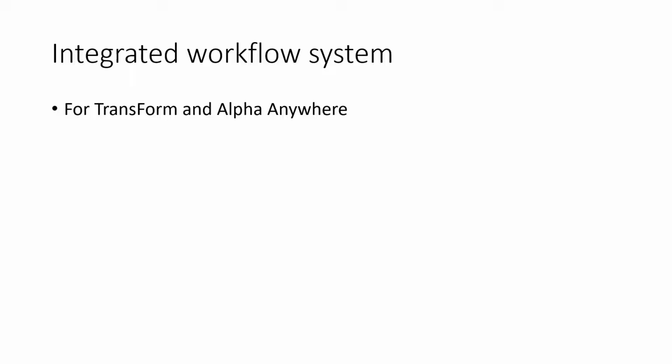Because TransForm is built on Alpha Anywhere, and we often use Alpha Anywhere to do the things for TransForm, we hope to make it also available to Alpha Anywhere. Sometimes TransForm gets it first, and then a more refined version ends up in Alpha Anywhere. You see now with workflow, we have a simple workflow in Alpha Anywhere already, but we'd like to have something in TransForm, and perhaps something in Alpha Anywhere.